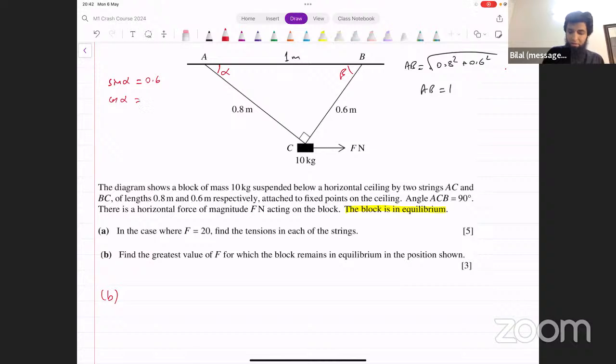Cos alpha, adjacent over hypotenuse, that's 0.8. Similarly, for beta, sine is 0.8 over 1. Perpendicular over hypotenuse, that will be 0.8. And cos beta will be 0.6 over 1, that is 0.6.